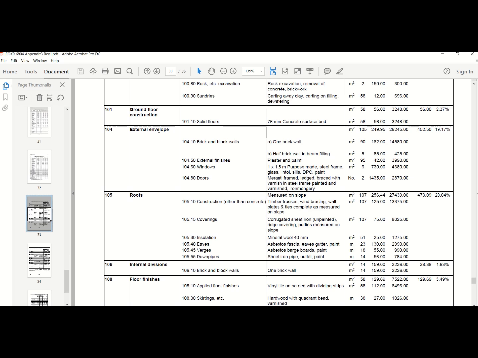Also remember, I'm not going to judge you as I would judge the QSs. Obviously, we're just spending a little bit of time on this. Under normal circumstances, the QSs would have the elemental estimate as a year subject, and not only a short section or the amount of time that we're spending on it.